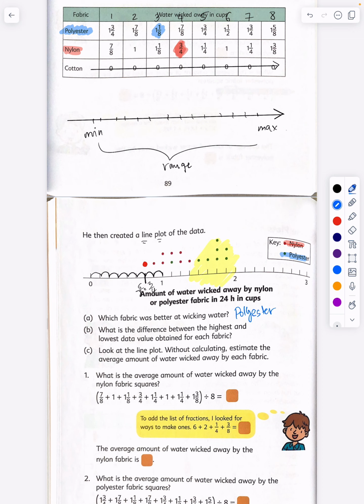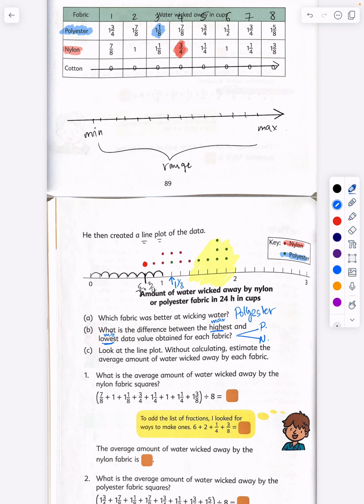What is the difference between the highest, meaning your maximum value, and your lowest, meaning your minimal value obtained for each? So here we can say P for polyester and N for nylon. Let's talk about polyester. So the smallest was right here, and that is 1 1/8.